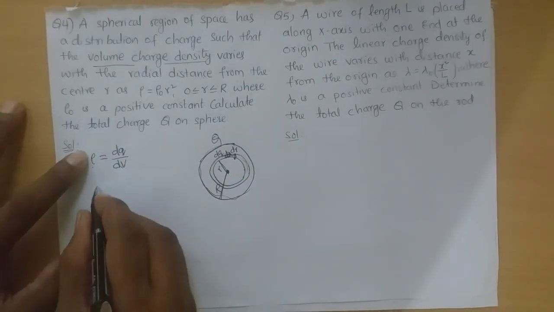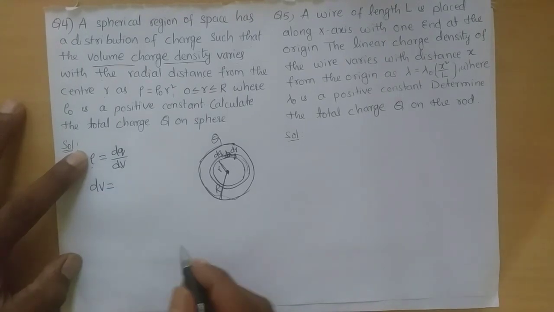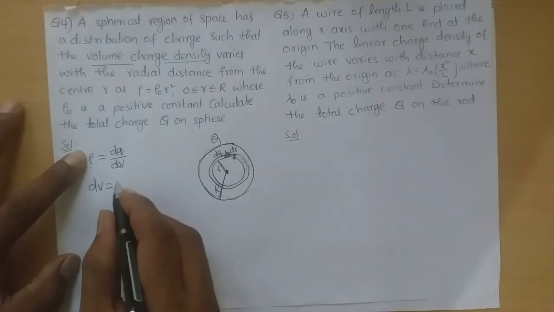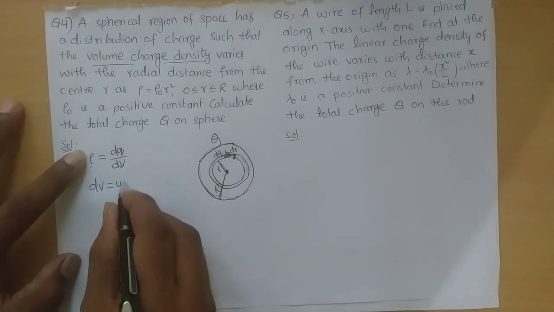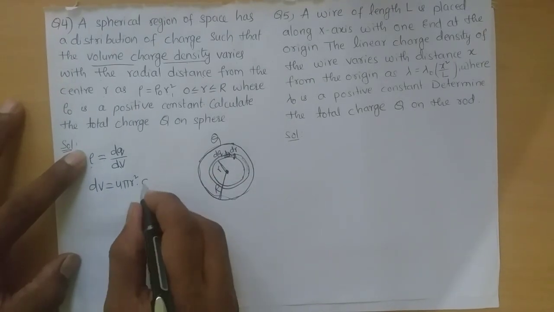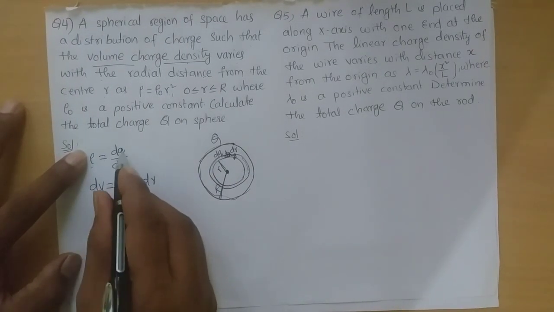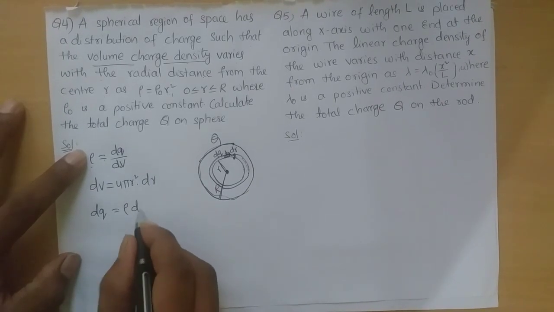So the volume of the small element, dv, equals the surface area of this one into thickness. Surface area of this sphere is 4 pi r square, into thickness, which is dr. So dv equals 4 pi r square dr. Now from this, dq equals rho into dv.